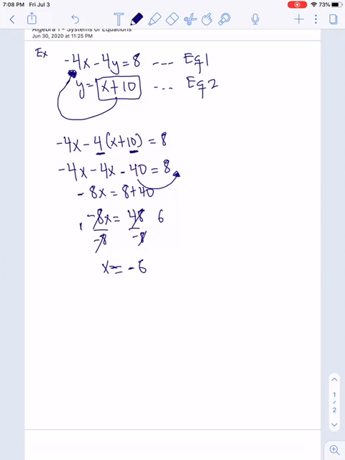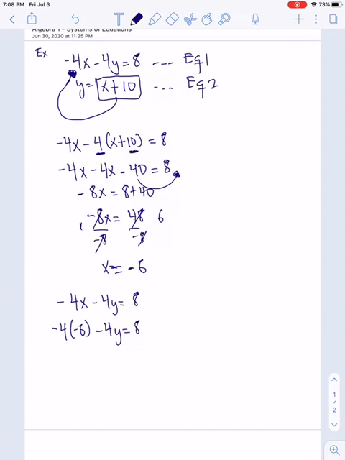So I'm going to go ahead and plug it into the first equation. I'm going to rewrite the first equation as negative 4x minus 4y equals 8. And plugging in negative 6, I'll get negative 4, open parentheses, negative 6, minus 4y equals 8.